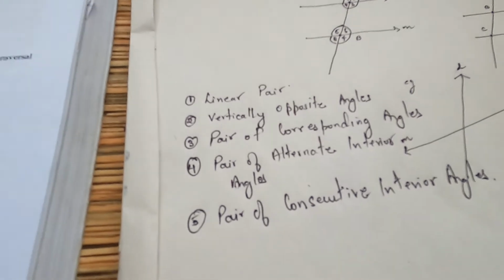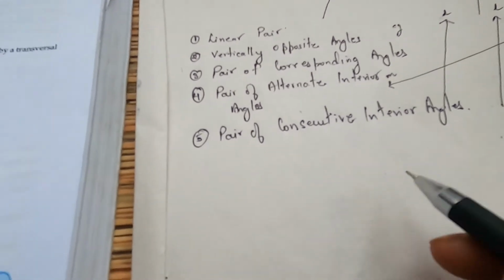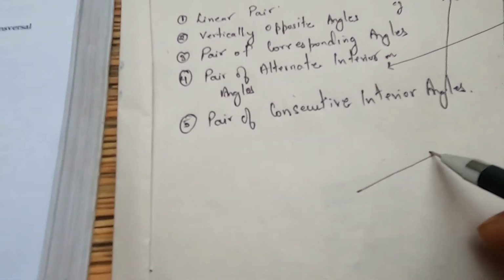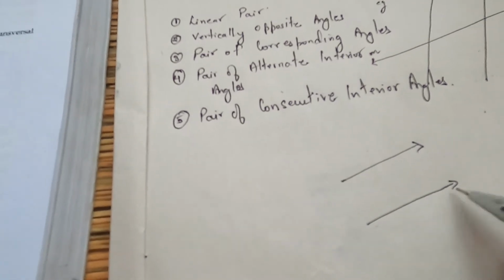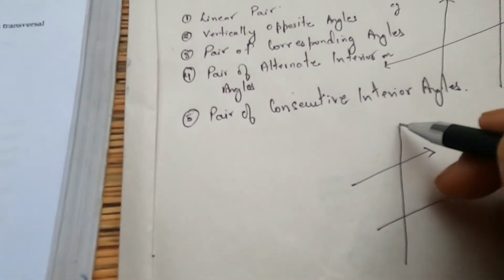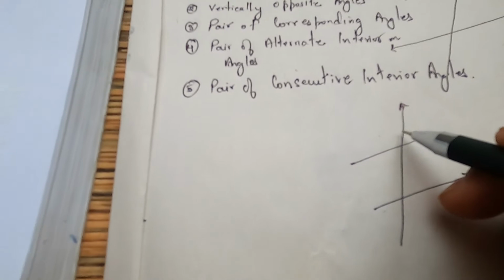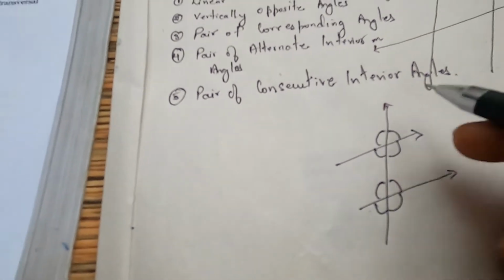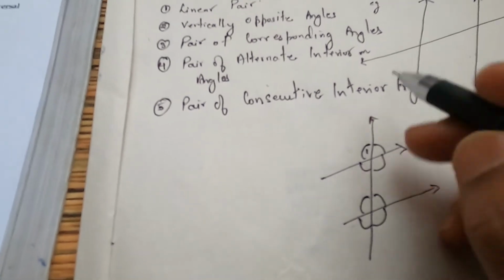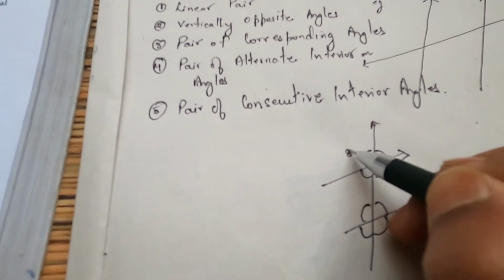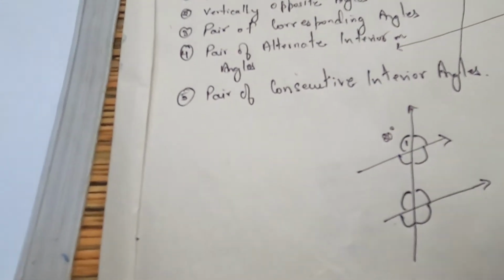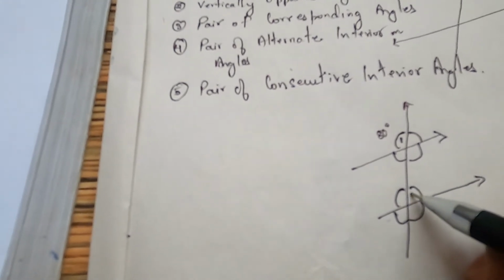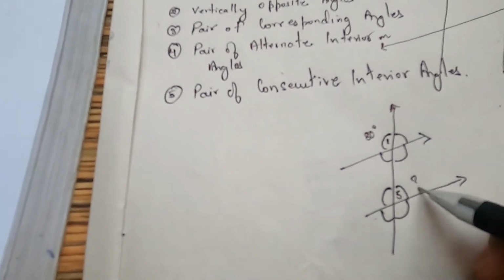For example, we have two parallel lines intersected by a transversal line. So there are 8 angles. Suppose angle 1 is 80 degrees, what will be the measurement of angle 5?